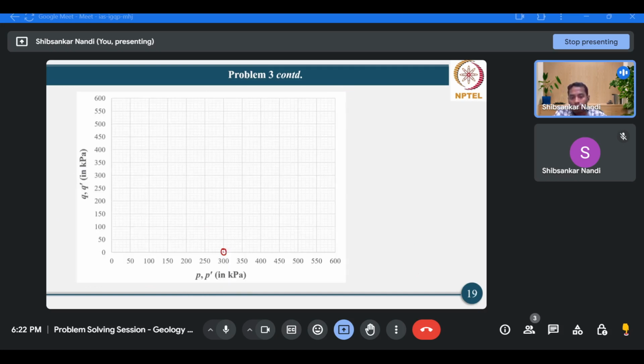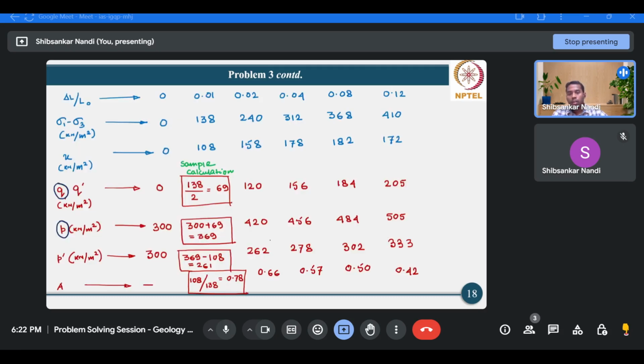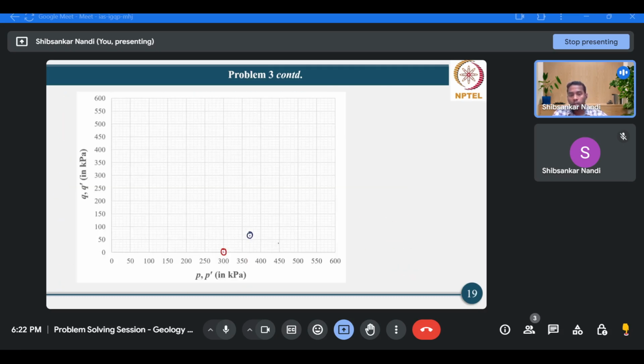Okay, so 69 and 369. So each unit is basically 10 along both the directions y and x. So it will be 369 something here. Then 420 120.